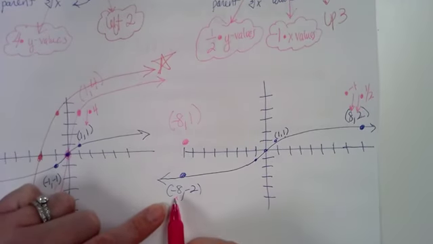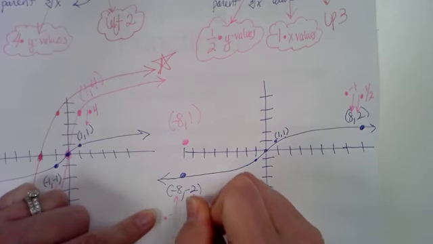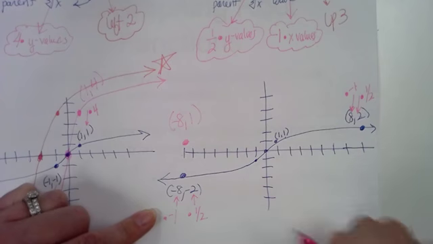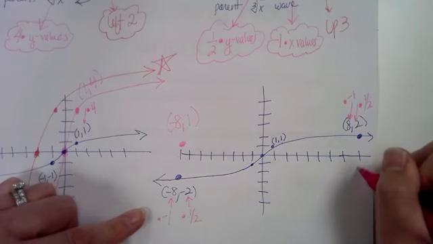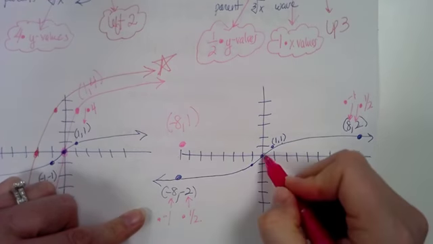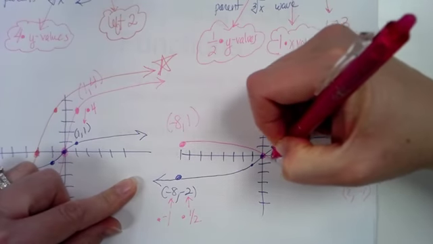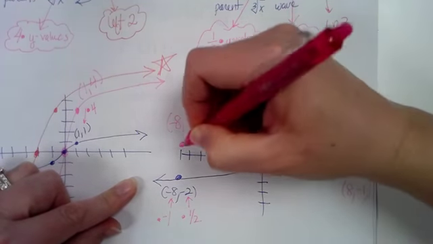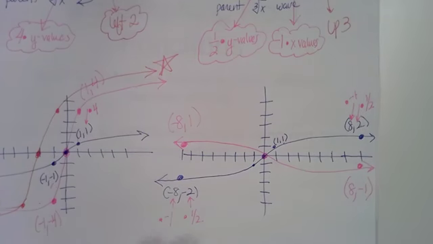If I take my point down here at negative 8, negative 2, and multiply the x by negative 1, and multiply the y by 1/2, what does that point turn into? Positive 8, negative 1. And 0, 0 stays exactly where it is. So we get this wave that is now flipped around and a little smaller, shrunk down some vertically.